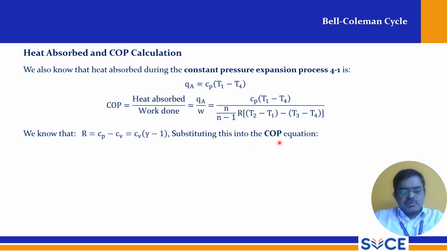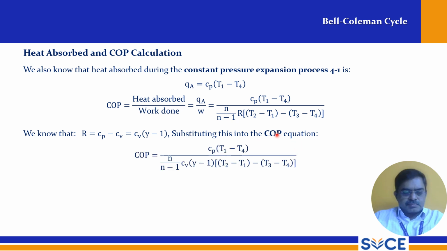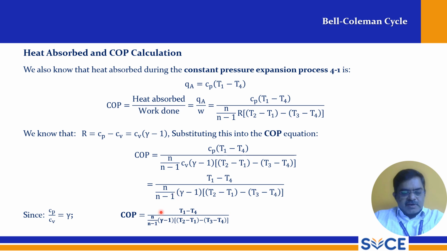Substituting this into the COP equation, we can rewrite it in terms of gamma and simplify further. Since Cp by Cv equals gamma, we can reduce it to this final simplified equation that we can use in our computations.